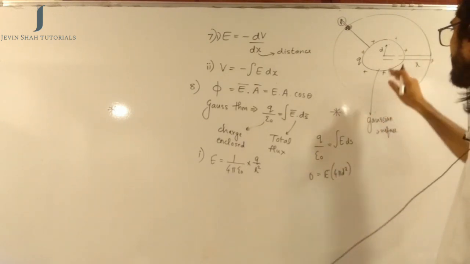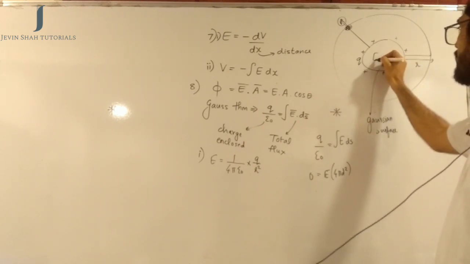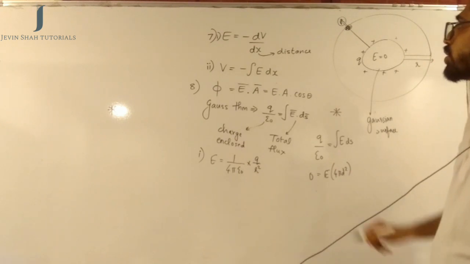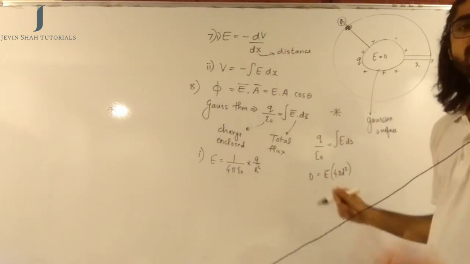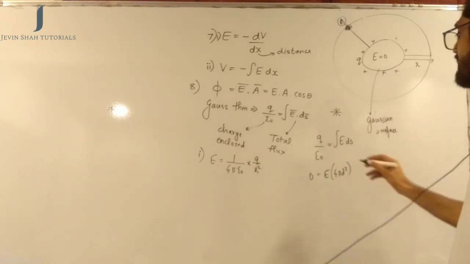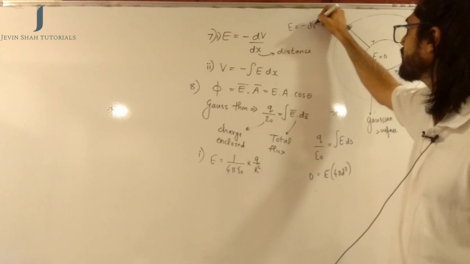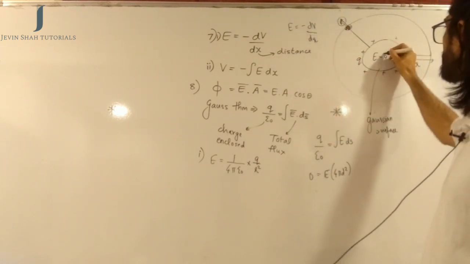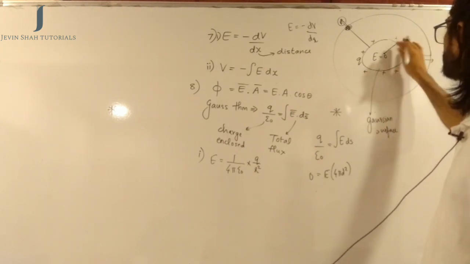So again we are concluding that if it is a charged metal conductor, inside a metal the electric field intensity will be 0. Think a little over it now. You had this formula, right? E is the derivative of V with respect to distance. So here I can say that E is the derivative of V with respect to radius r, or you can say with respect to distance from the center, which we can call x.